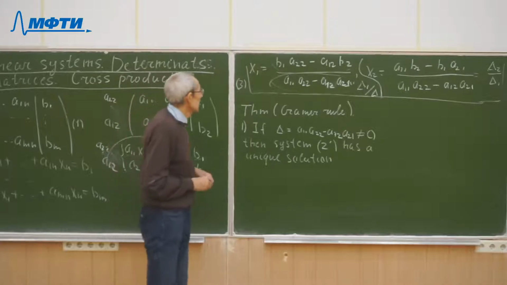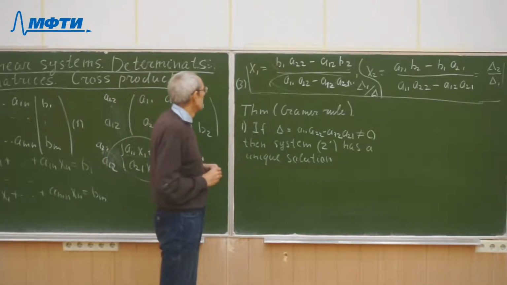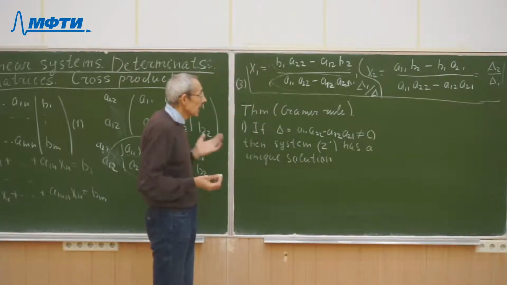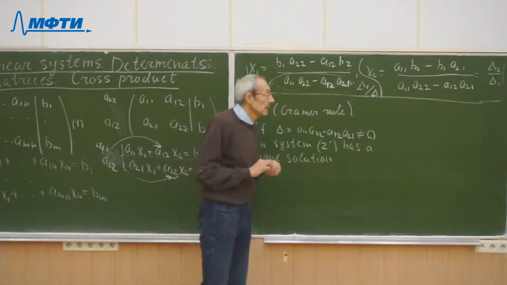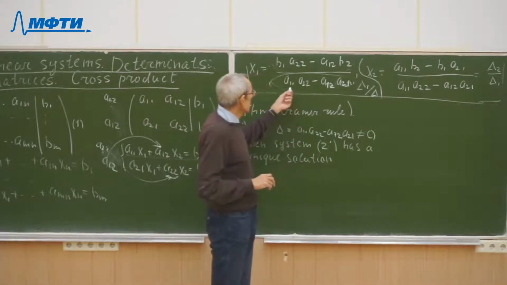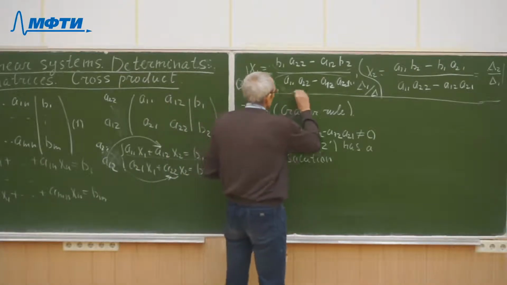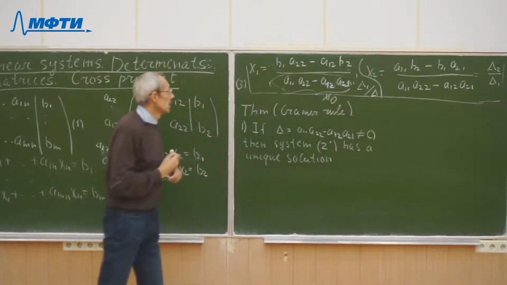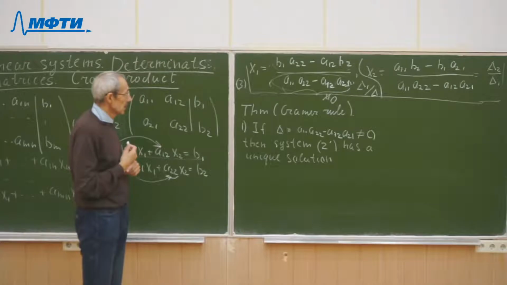We can express the value of the first unknown as a ratio of these expressions, but only in the case when the denominator is not equal to 0.